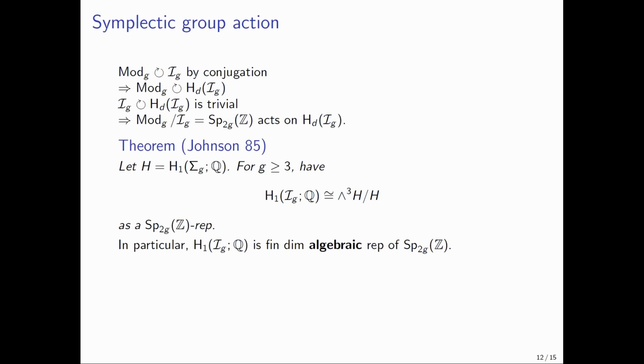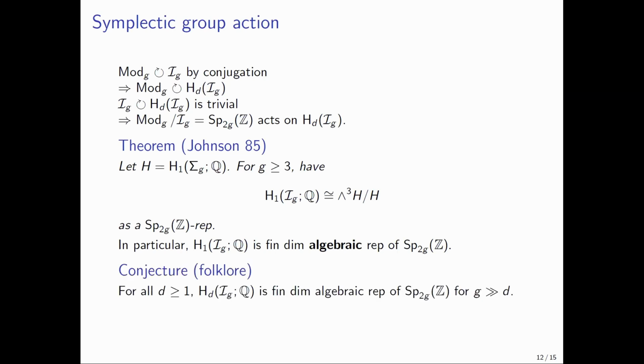For instance, you can map Sp(2g, Z) to Sp(2g, Z mod 7), just by reducing matrix coefficients mod 7, and then take an irreducible representation of the finite group Sp(2g, F7). So you get representations that factor through finite groups, you have algebraic representations, and you can take tensor products of those things. The representation theory of the integral symplectic group is quite complicated, but the nicest representations are the algebraic ones.